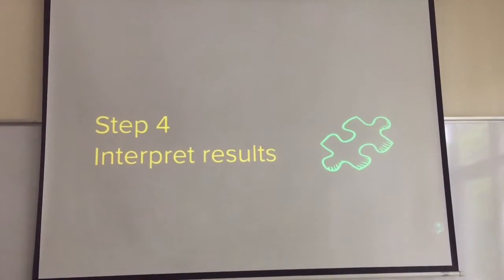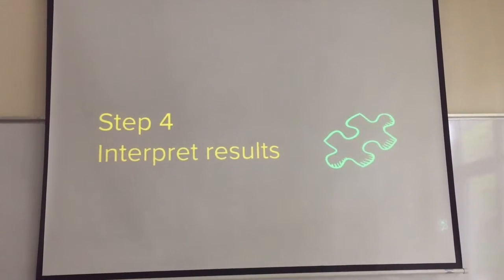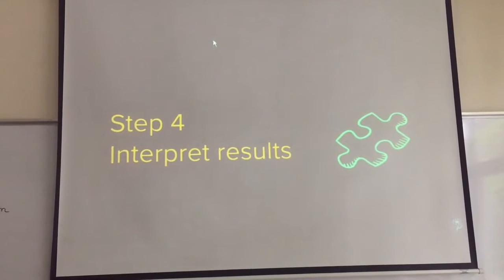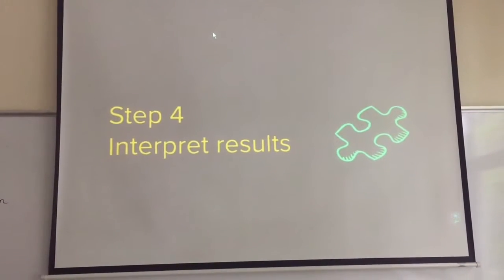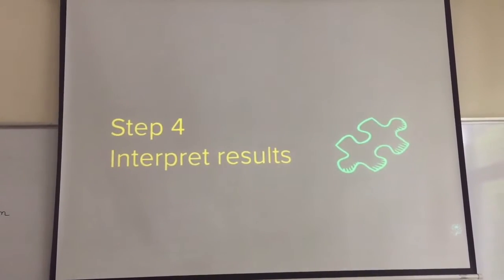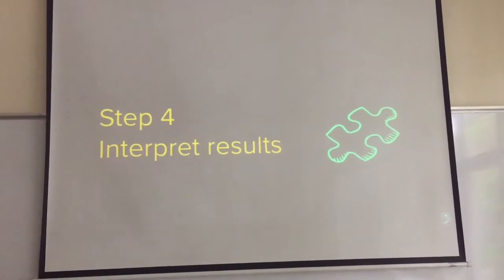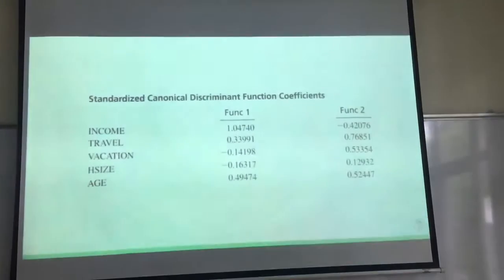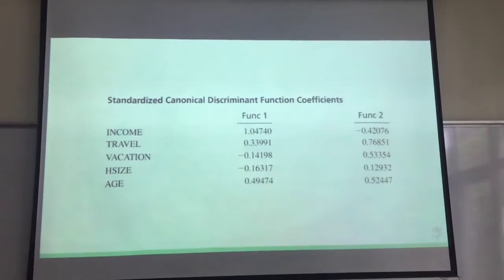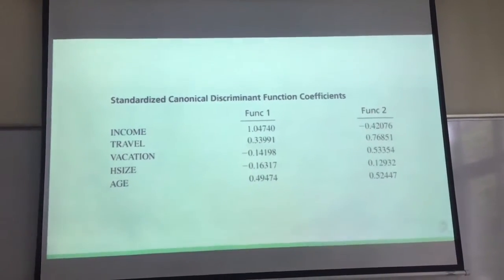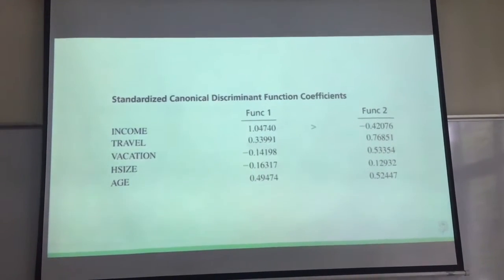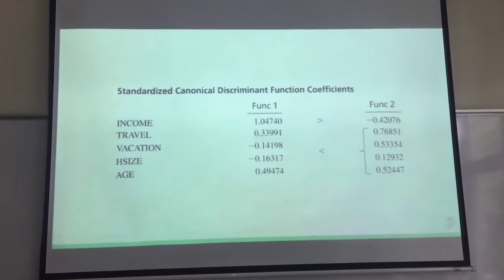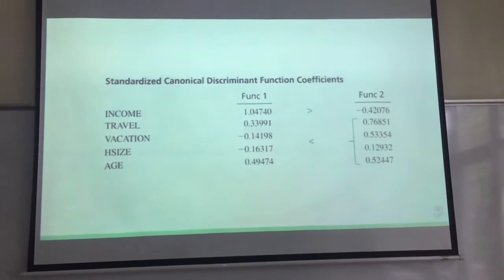And now let's jump into step 4, interpret results. The interpretation of the results is aided by the examination of the standardized discriminant function coefficients, the structure correlations, and certain plots. The standardized coefficients indicate a large coefficient for income on function 1, whereas function 2 has larger coefficients for travel, vacation, age, and household size.